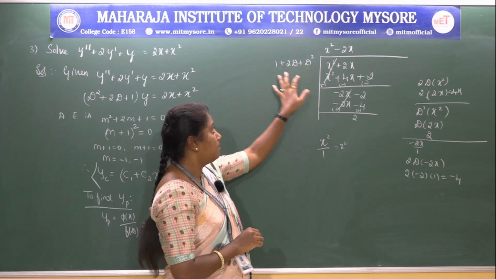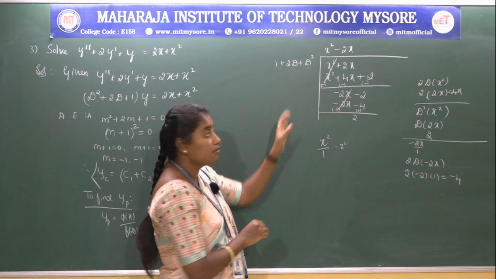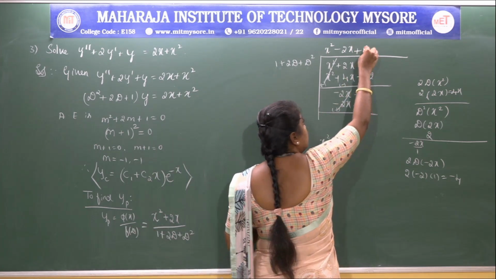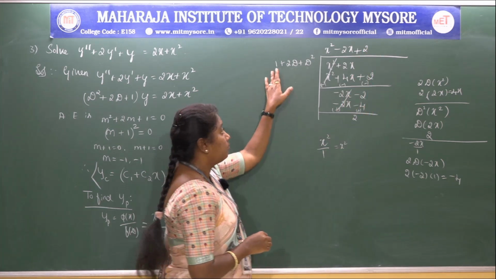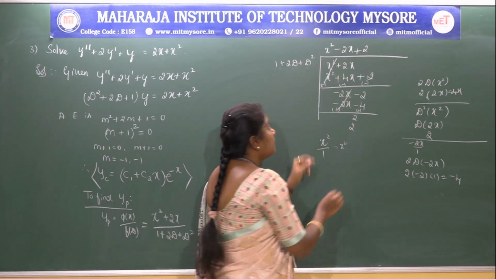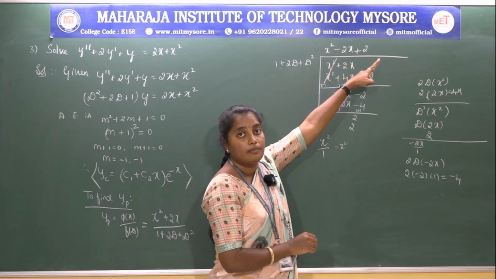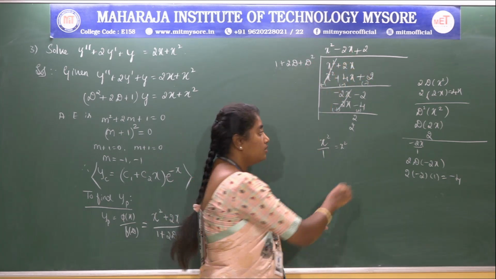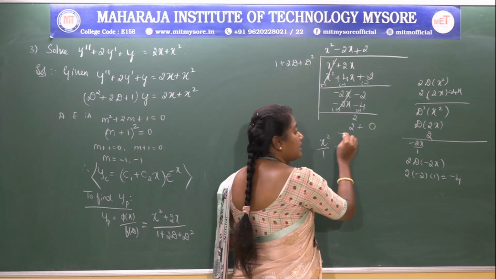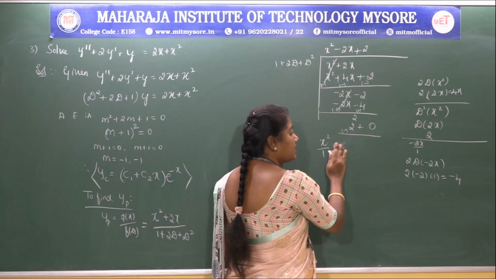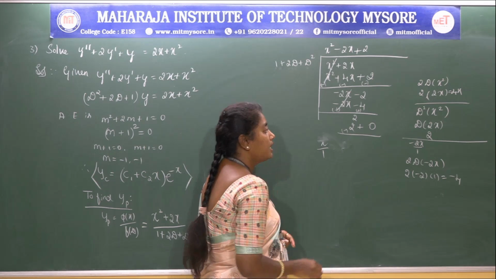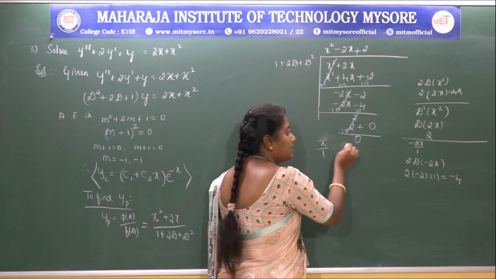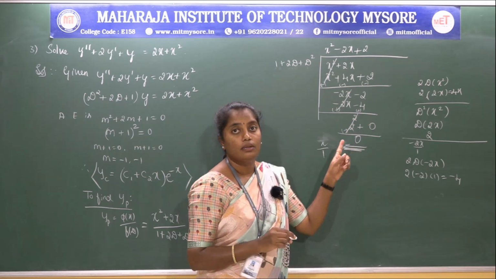Again divide this element by 1. 2 by 1 is equal to 2. So 1 into 2 is equal to 2. Next, 2d of 2: 2 is a constant term, and differentiating that constant term we get 0. Hence the remaining elements are 0. Simplifying this by changing the sign, plus 2 minus 2 get cancelled. We get a 0 remainder.